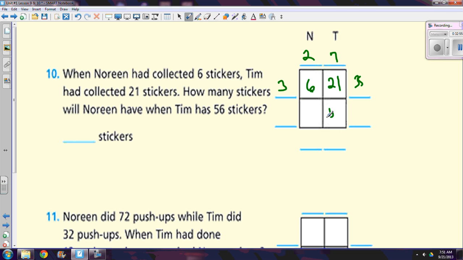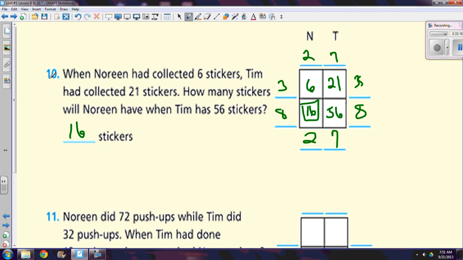So Tim has 56 down here. I need to add that, and we're trying to find out what this answer is right here. Bringing the 2 down, bringing the 7 down. 56 divided by 7 is 8, bringing the 8 over. 8 times 2 is 16. So your answer would be 16.